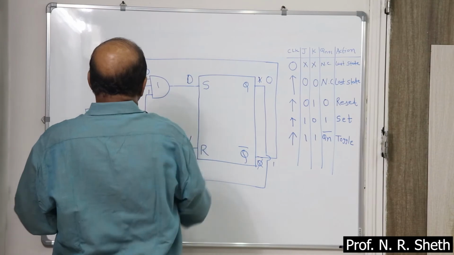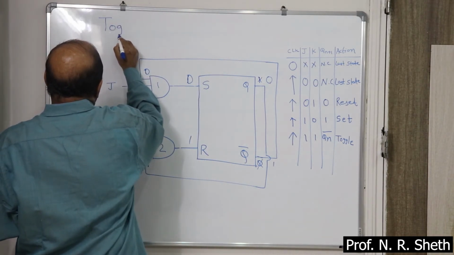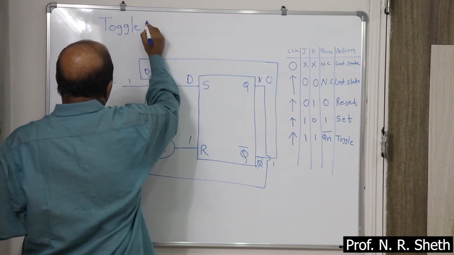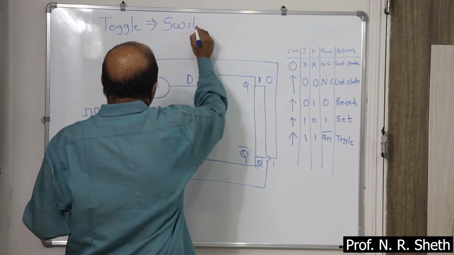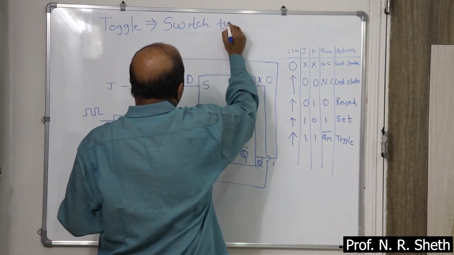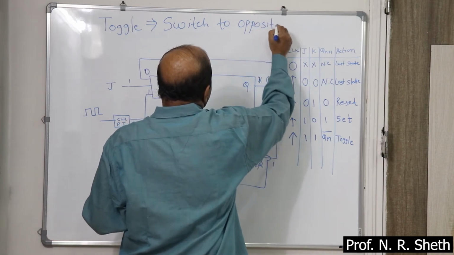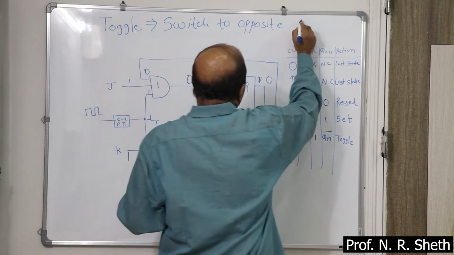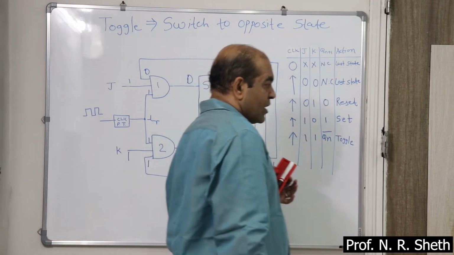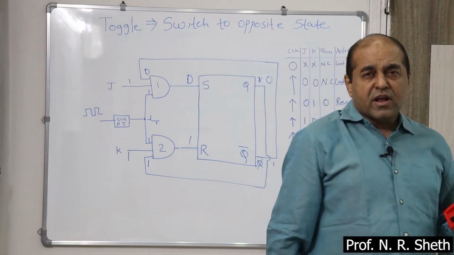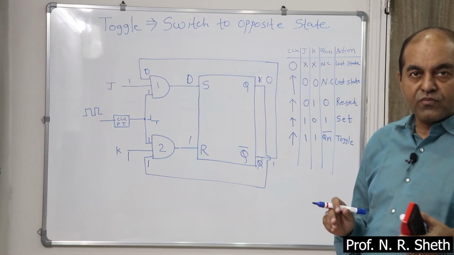This property is said to be toggling. Toggle means switch to opposite state. This is an extremely useful condition of the JK flip-flop.